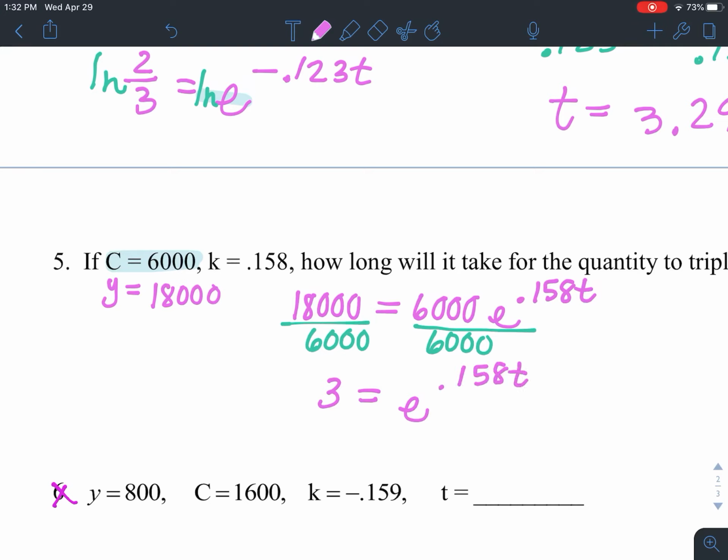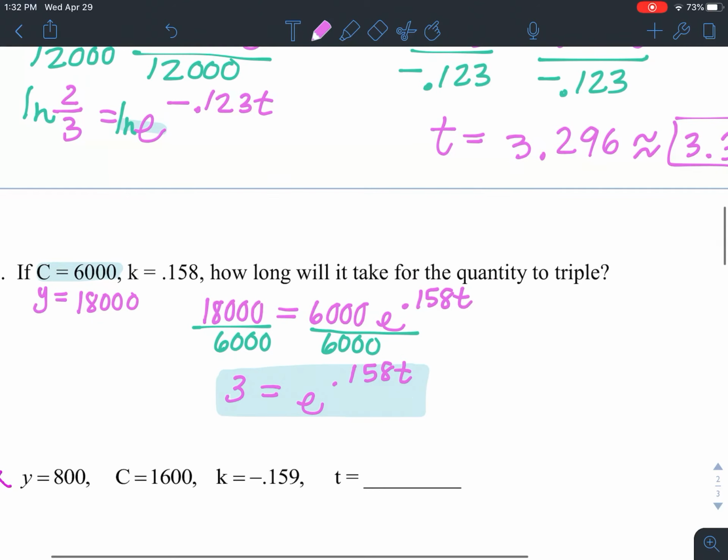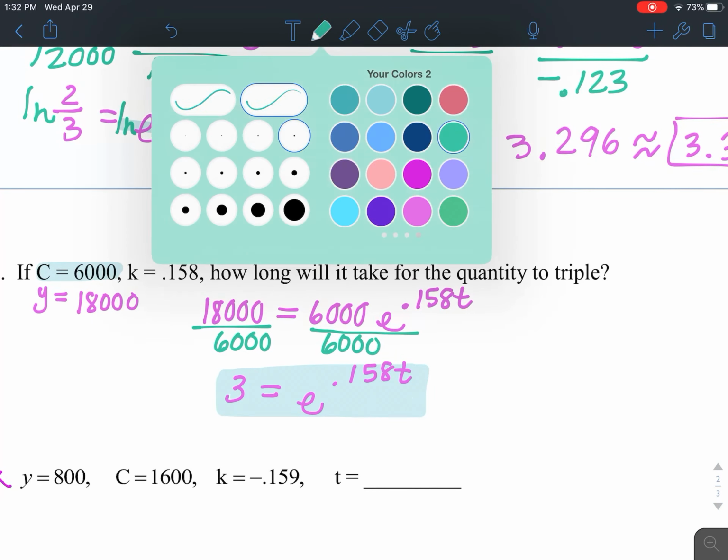Now you could have actually started here, because for something to triple, it would be 3 equals e to the whatever t. For something to double, it would be 2 equals e to the whatever t.